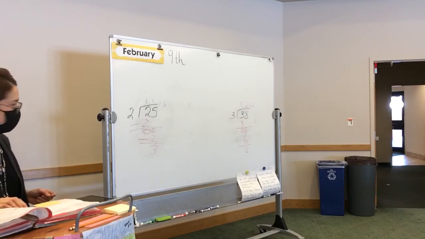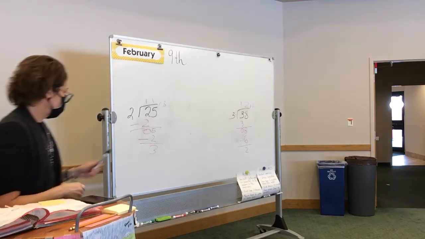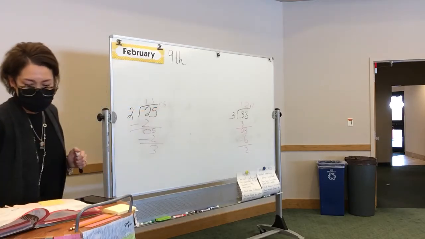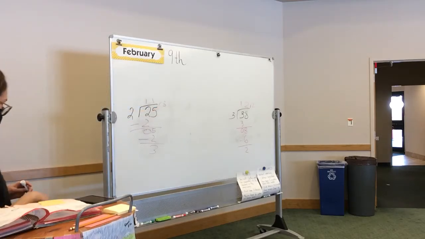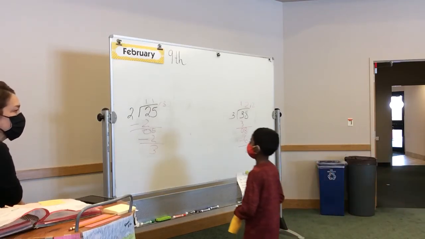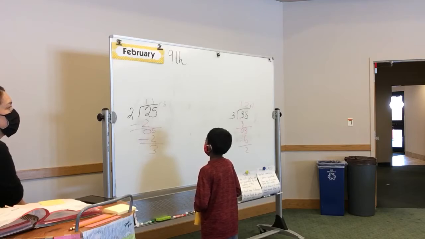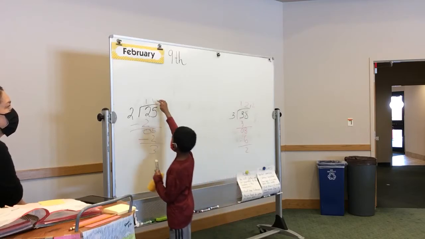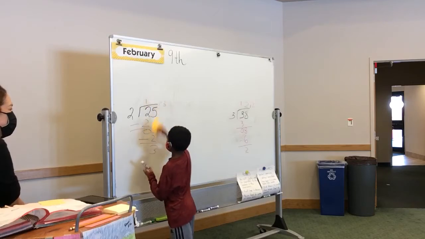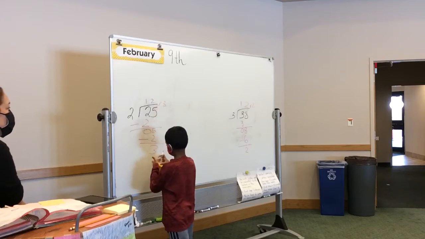Except, Jonathan, you need to come back up. It is not 11 remainder 3. We need to relook at that. How many times does 2 go into 5? What is... There you go.